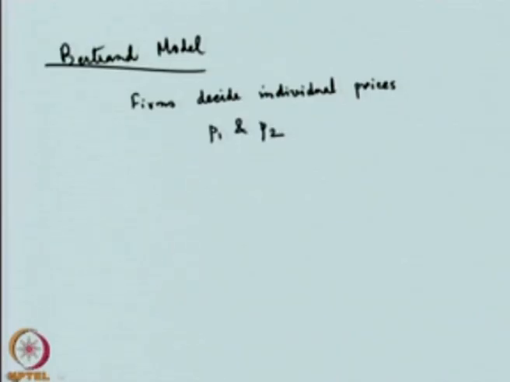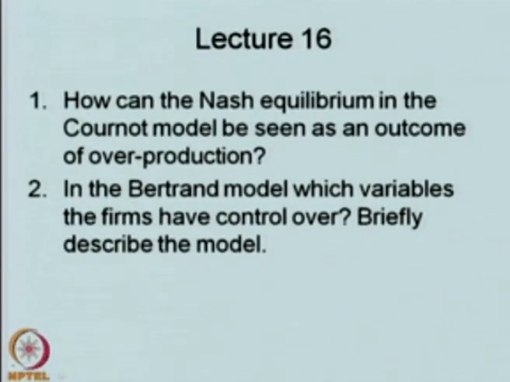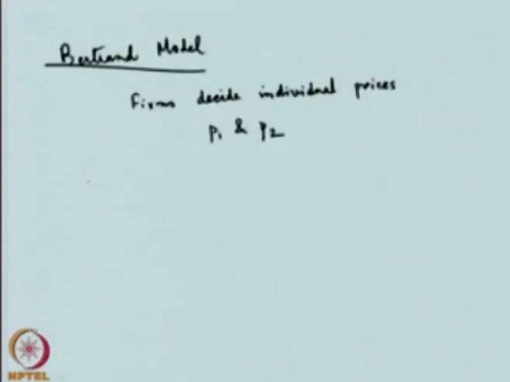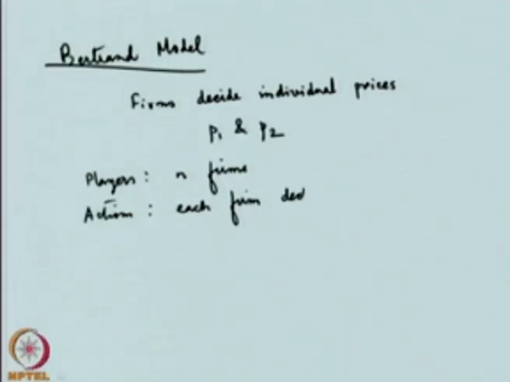Okay, this was part 1 of the question. Briefly describe the model. So, in terms of game theoretic language, there are n firms, suppose, which are the players. Actions: each firm decides the price, which is a non-negative number, and payoff.